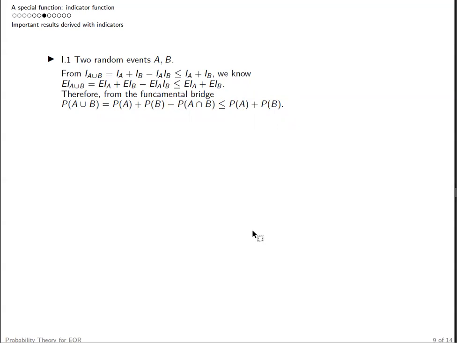Now let's see what happens if we have n random events. You can pause the video at this moment and think about the steps to prove this case. The inclusion-exclusion principle concerning n random events, and we can apply similar strategies here.